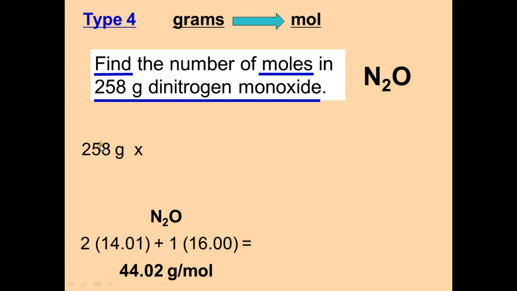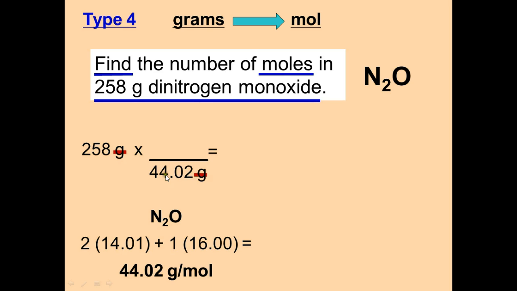Whatever goes on the numerator of the first fraction goes on the denominator of the next fraction. So grams will go on the bottom, and this is the molar mass of this particular compound, so 44.02 grams goes on the bottom of the next fraction. So grams will cancel out, and we'll just end up with moles.